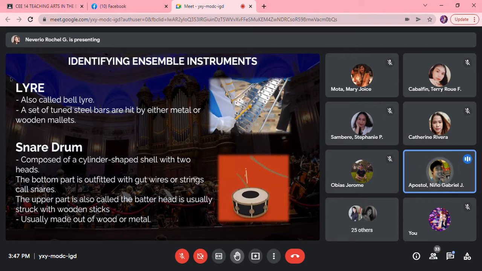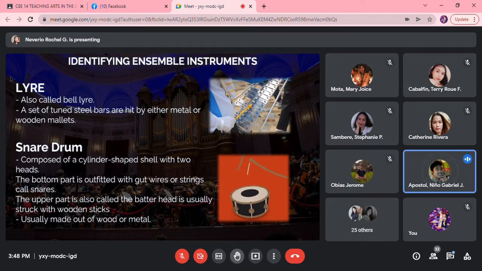Palitan lang natin yung letter A ng letter E. And it is also classified as an idiophone within the percussion family of musical instruments. The modern instrument has a range of 2 octaves. And when played, the lyre is held in a vertical position with the bars facing the marching musician.